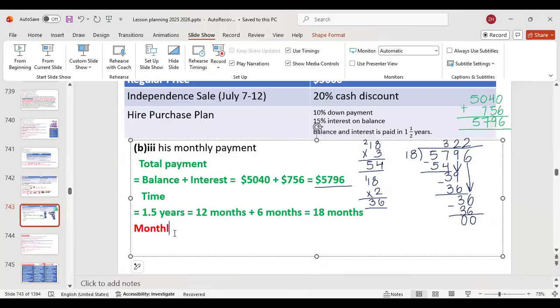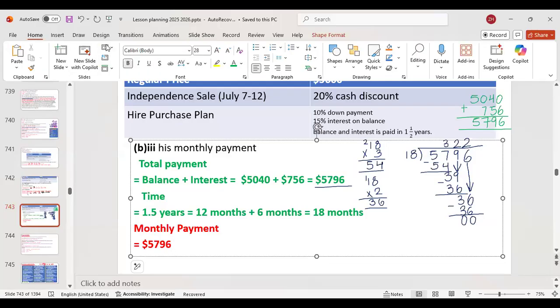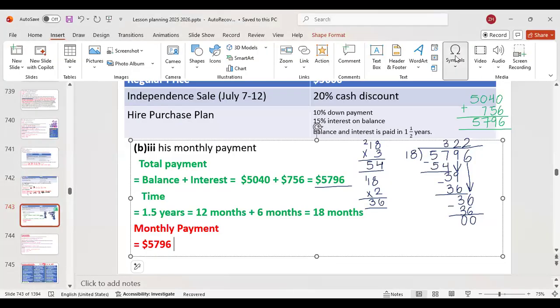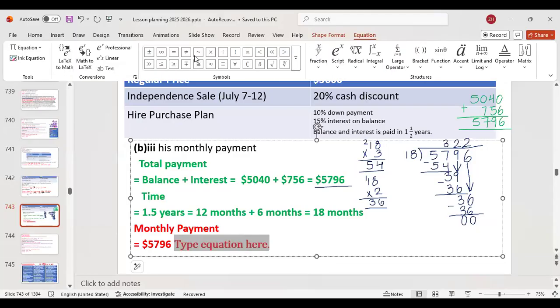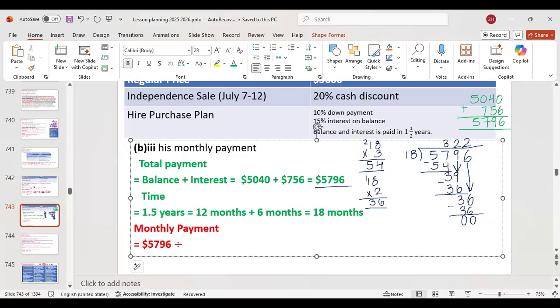That means that his monthly payment is gonna be equal to what? $5,796 divided by 18, which gives us $322.